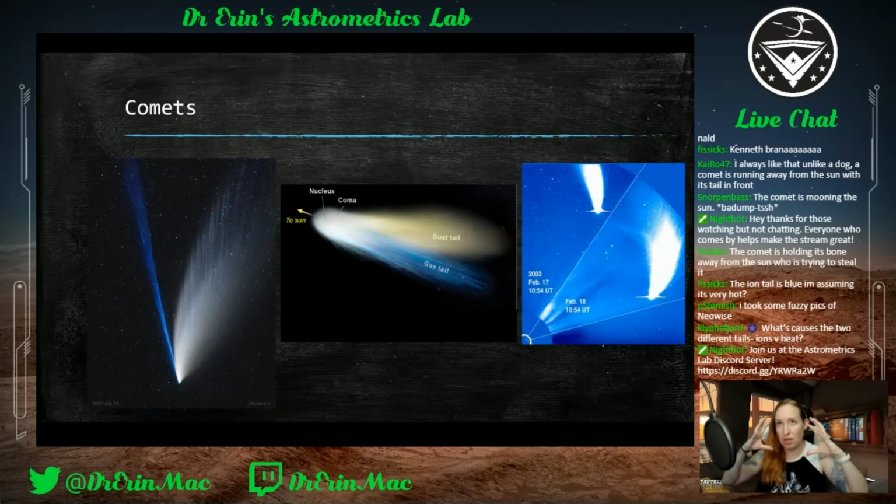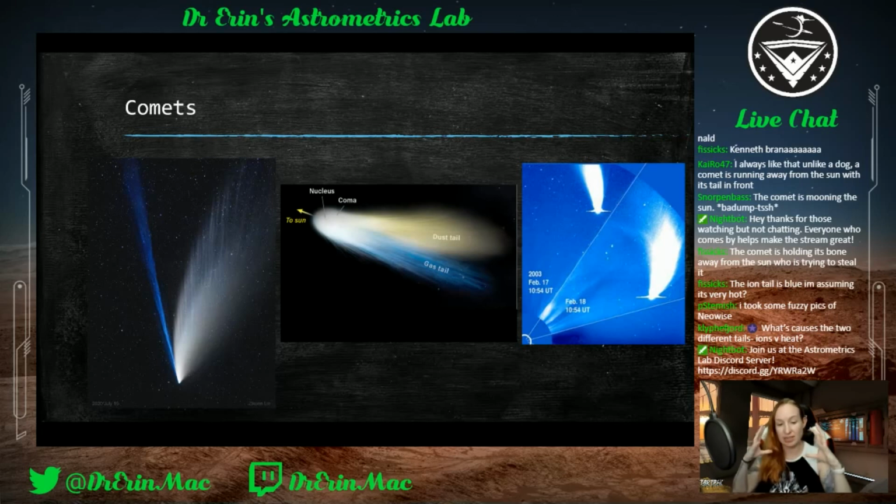Let me start over. Once you get within the asteroid belt, the nucleus of the comet, which is mostly ice, starts to form a gas cloud around it that extends about 10 kilometers.